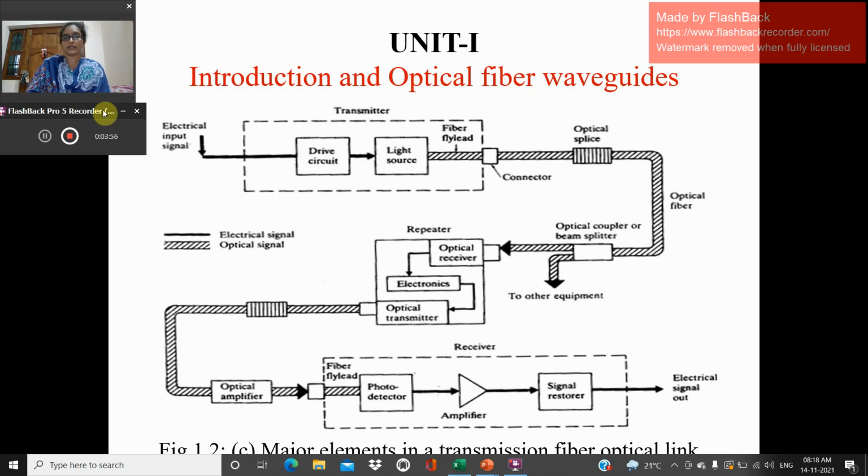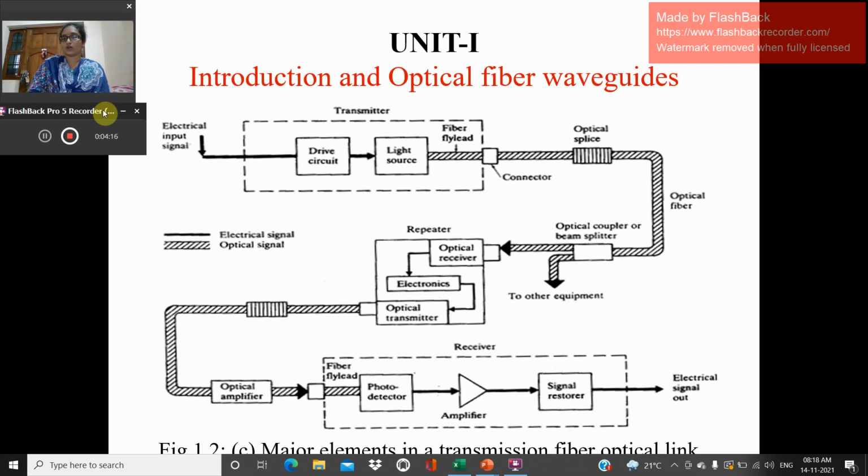After the optical receiver, in the electronics blocks of the repeater section, the dark black line is indicated, because in the optical receiver the light signal is converted into an electrical signal. That is why the thickest black line is used.